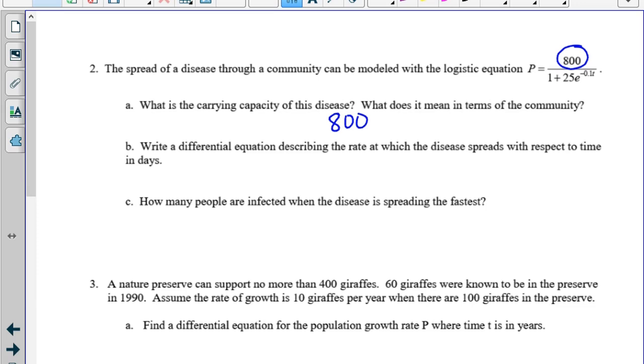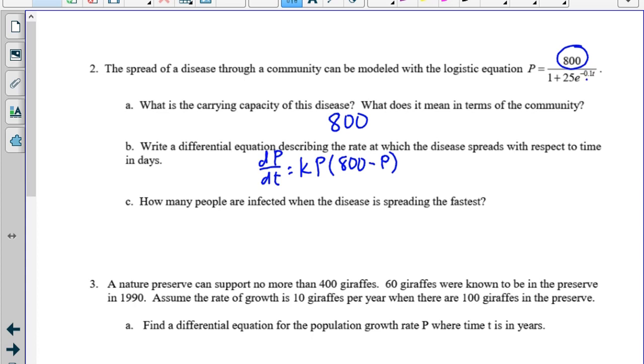Write a differential equation describing the rate at which the disease spreads with respect to time in days. In order to do that, we have dp/dt equal to k p times (800 minus p). So we basically have to figure out what k is.